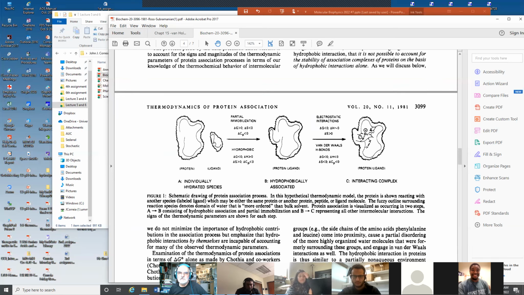Okay, so you initially make some kind of a close approach complex, but it's not the final answer. What happens is there's a rearrangement that happens at the interfaces, and it's not necessarily always clear that this happens in two easily delineated steps, okay?